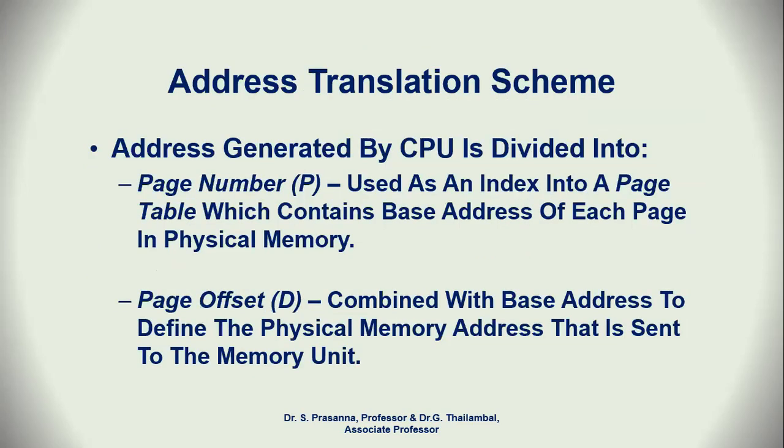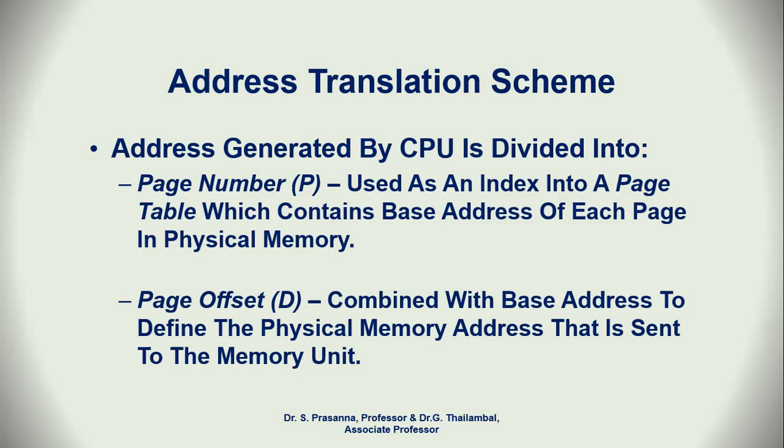And the address translation scheme. What are the addresses used by the CPU in this paging technique? It uses two parts. One is the page number, another one is the page offset. Page number is the index into a page table which contains the base address. So you are going to have a base address for each page.